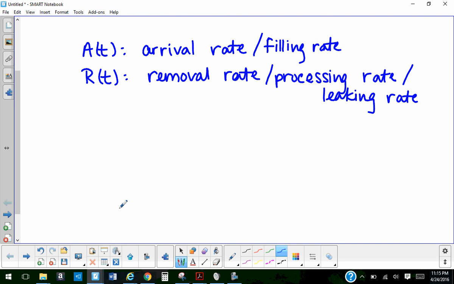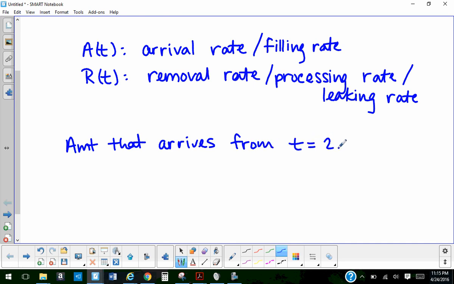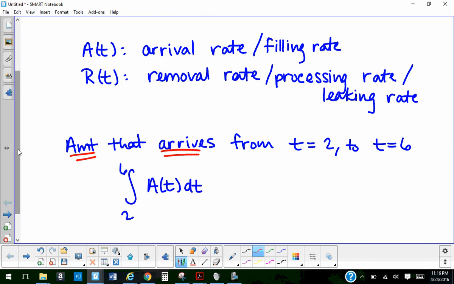So if they ask for the amount that arrives from t equals 2 to t equals 6, then I would integrate my arrival rate with respect to time from 2 to 6, because that question was only asking for the amount that arrives.